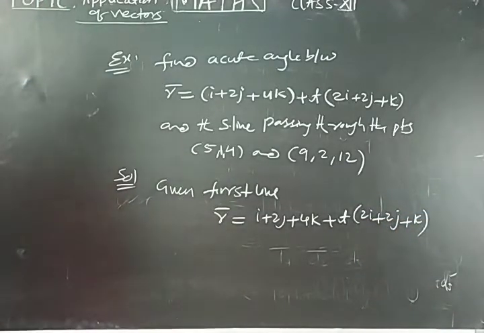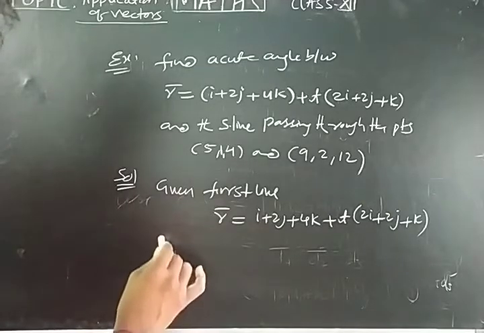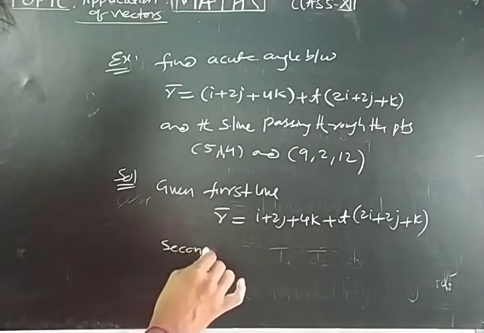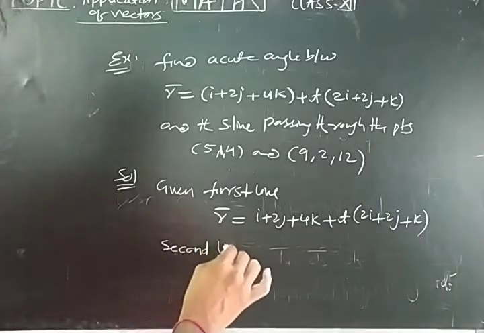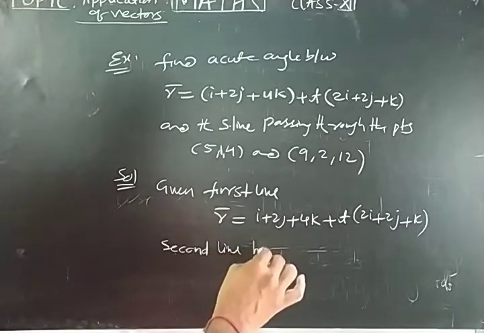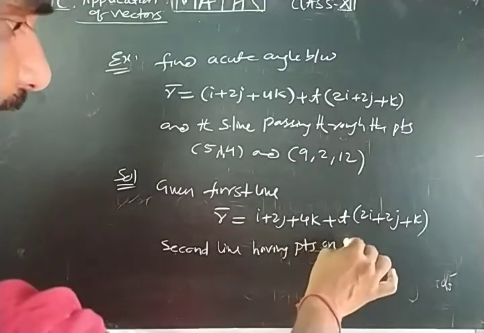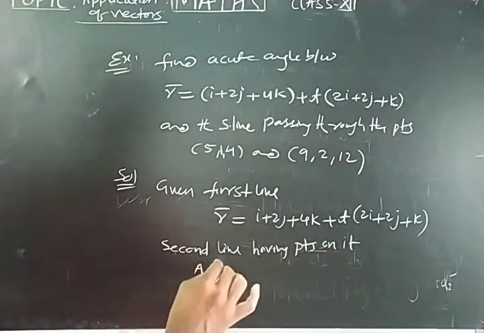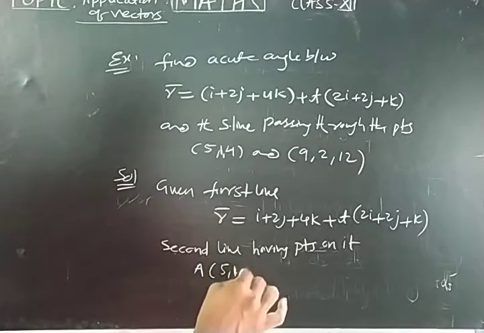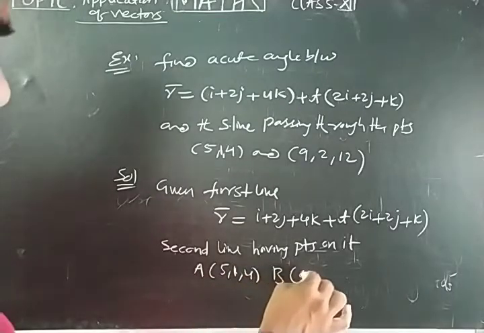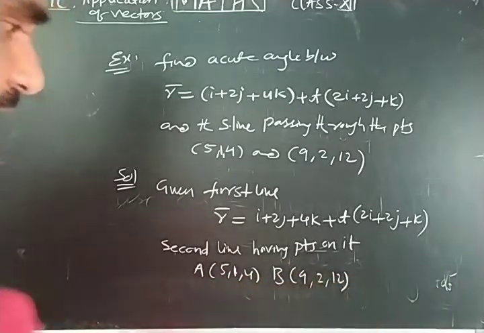And to get the second line, having points on it, capital A (5, 1, 4) and capital B (9, 2, 12).